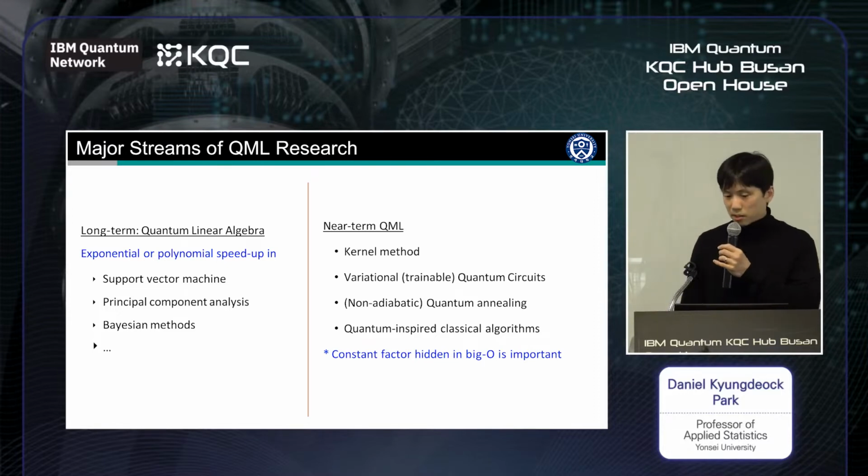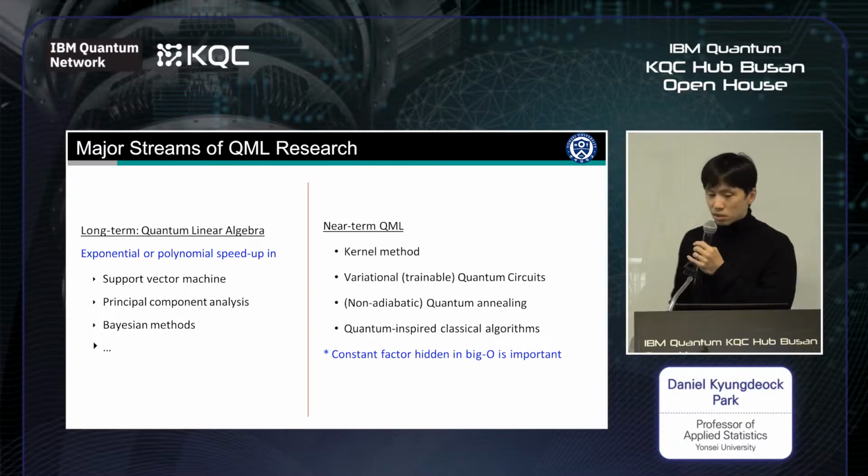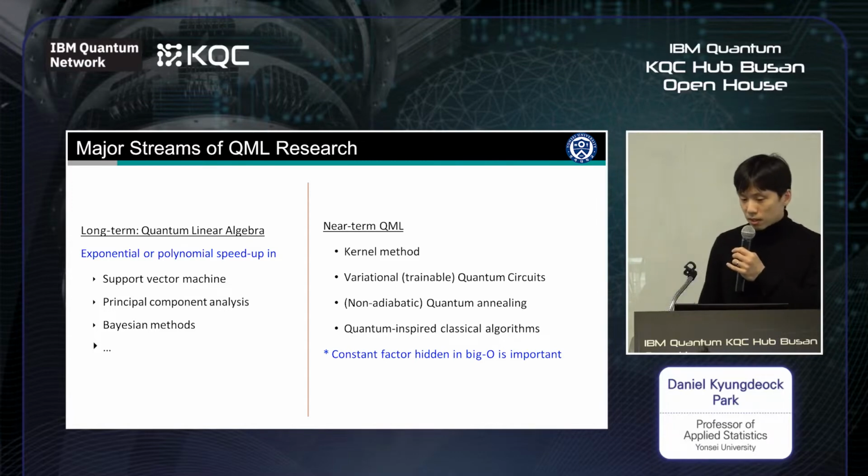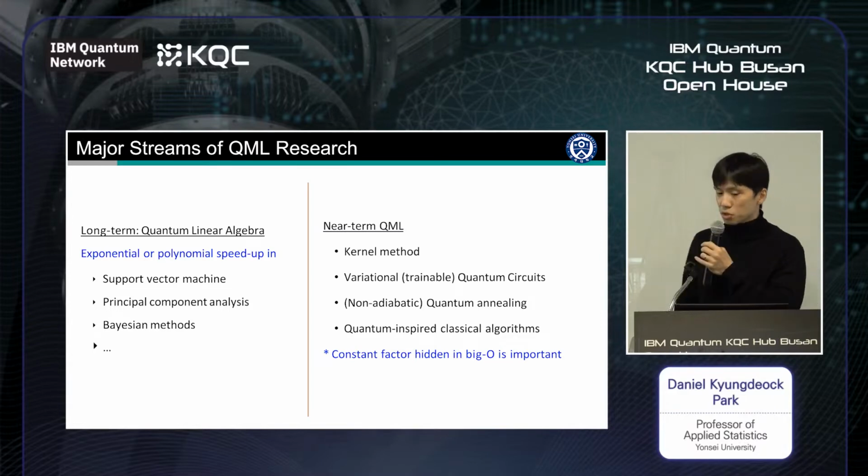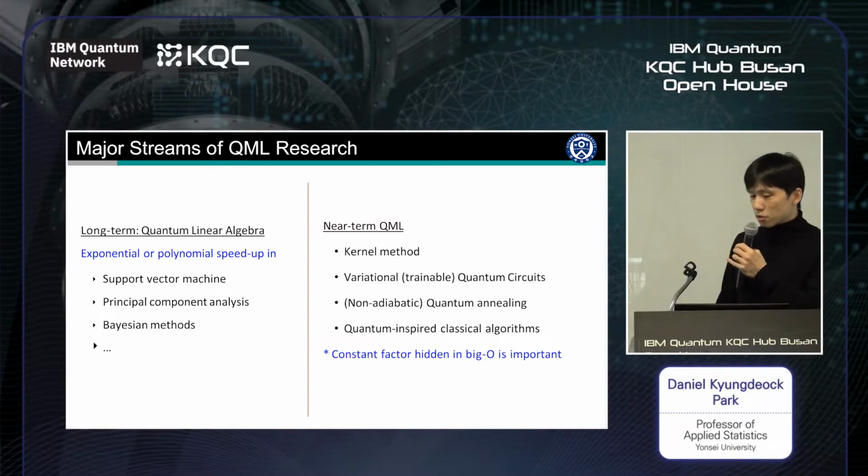But in practice, the constant factor hidden in this asymptotic analysis is also very important. So in the near term, for near-term quantum machine learning, we also need to consider, okay, maybe the quantum computer does not guarantee exponential speedup, or maybe even polynomial speedup, but maybe there is a constant factor improvement which we care about.